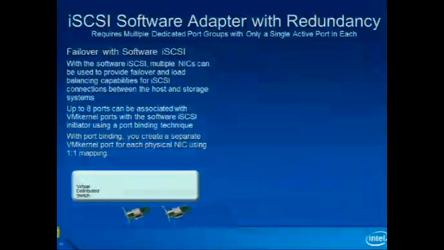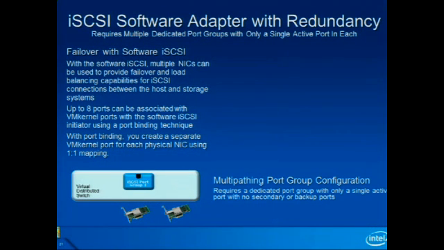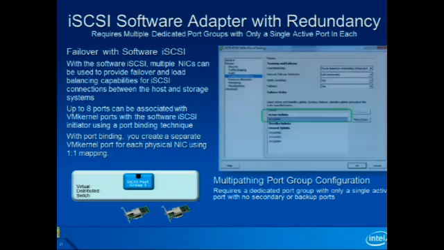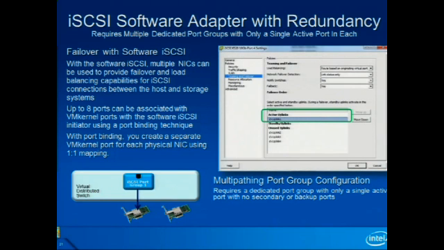In order to configure it, you set up a port group, assign that port group to one and only one active uplink. And that's the key here. Make sure that it's the only active one.